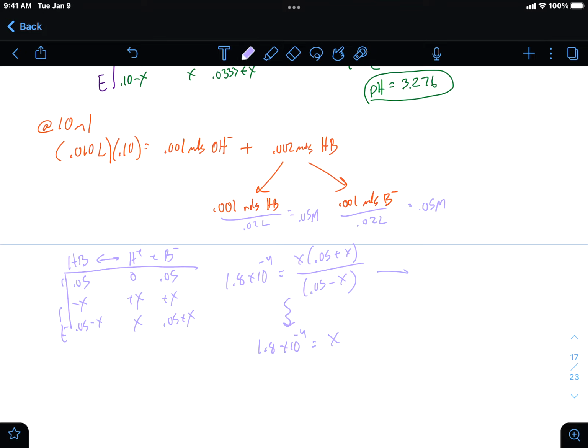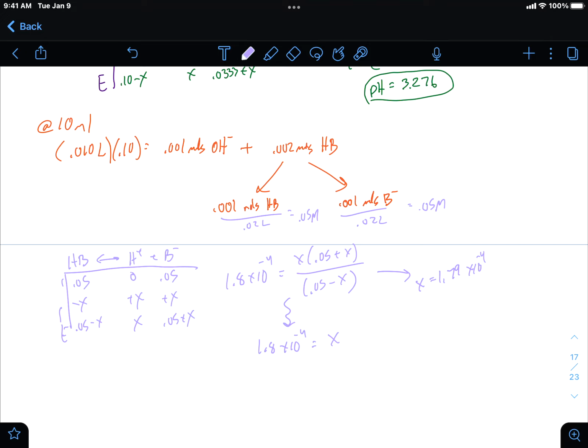Okay, so without simplification, I got x to be, we'll call it 1.79 times 10 to the minus 4. And with simplification, it's 1.8 times 10 to the minus 4. That's pretty close. All right?